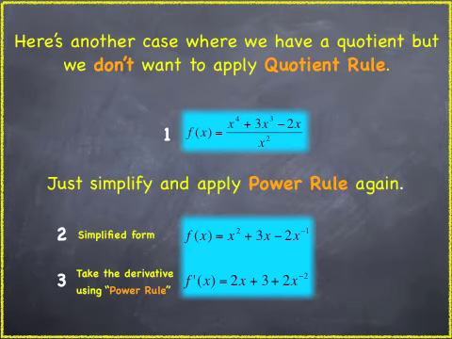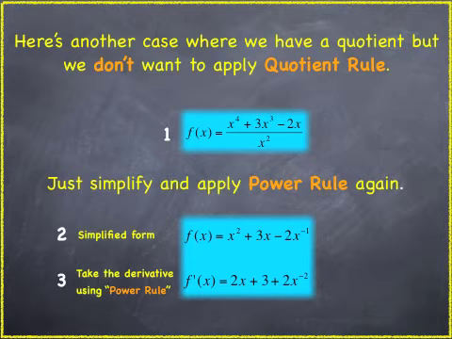And here's another example where we do have a quotient, but it doesn't really make sense to apply quotient rule. In step 1, you see we have a function, (x to the 4th plus 3x cubed minus 2x) over x squared. Well, we can simplify this, and then apply power rule. Basically, you want to take that denominator, x squared, and divide it into all of the numerator.